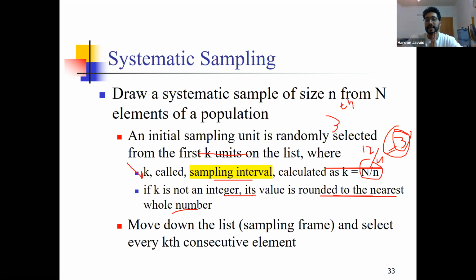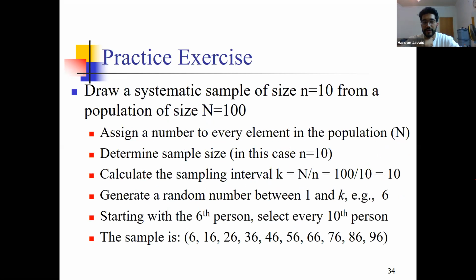So for systematic sampling, number 1, you have to calculate k. The k is supposed to be capital N over small n. Here is a good example. We have k, which is big N over small n. Then we generate a random number as our first term between 1 and k.